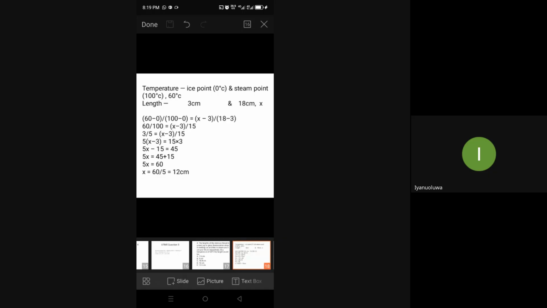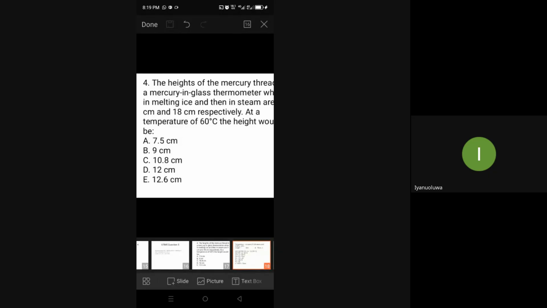That is it. There is no special formula. I can still change this in a different way and get the same answer, but let me not confuse you more. So this is the question.